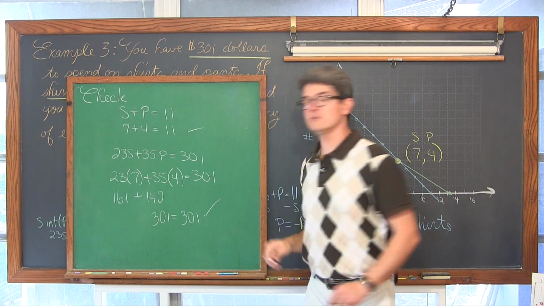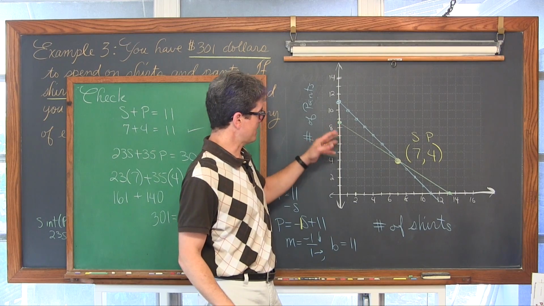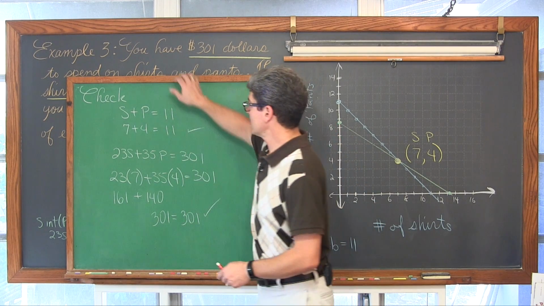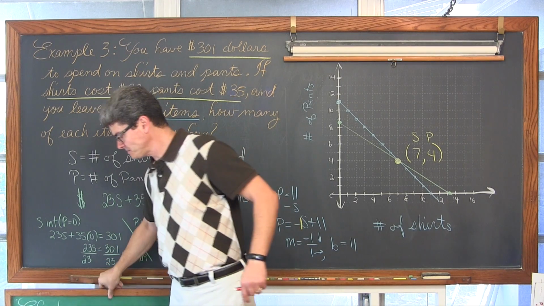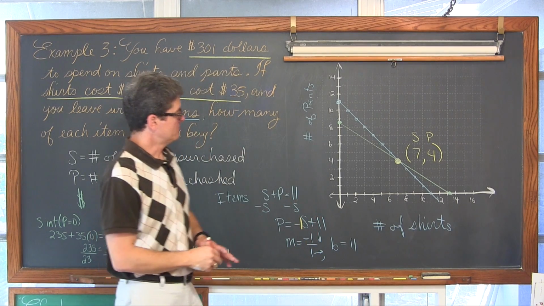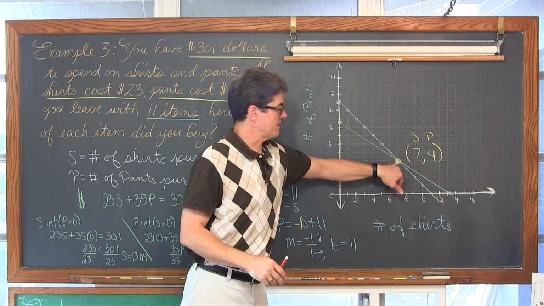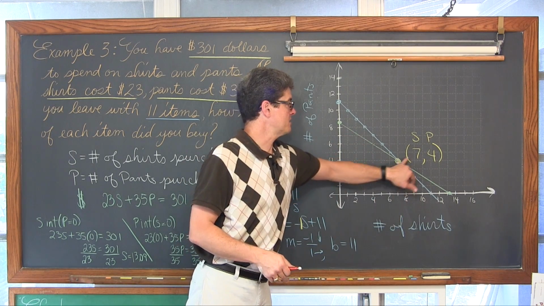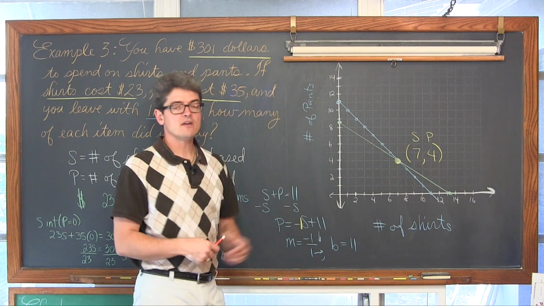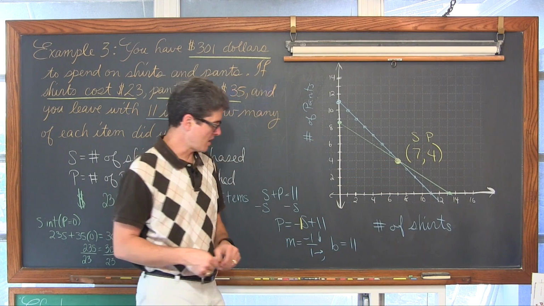And our answer checks out, even though we had some kind of complicated decimals as we were finding our x and y intercepts. But connecting those lines carefully did appear that we were intersecting at the point of 7, 4, and so graphing did help us solve this problem.